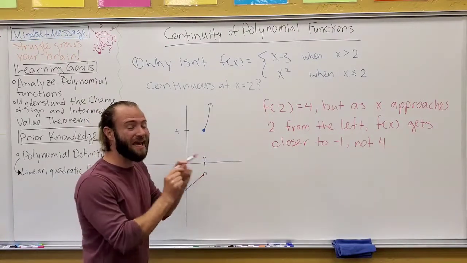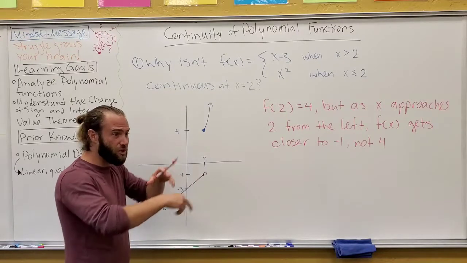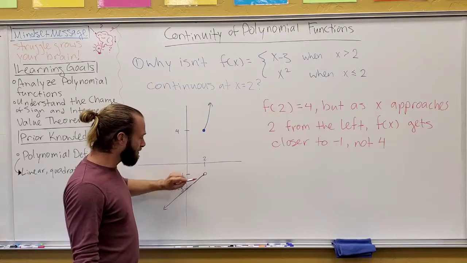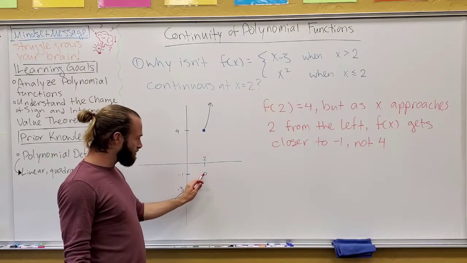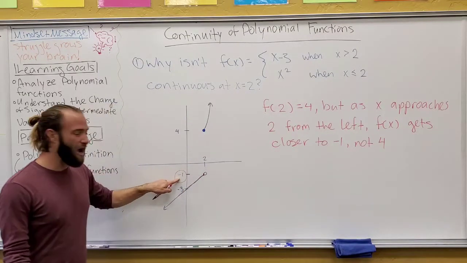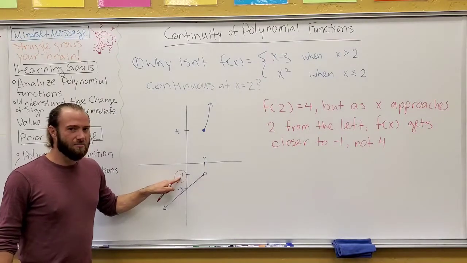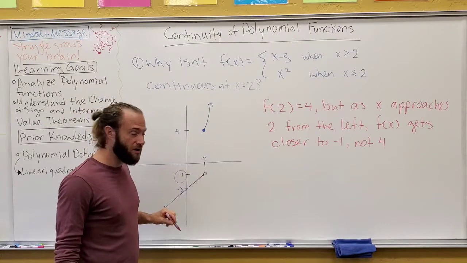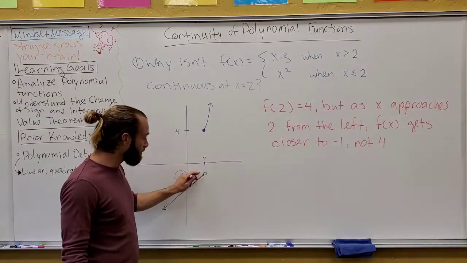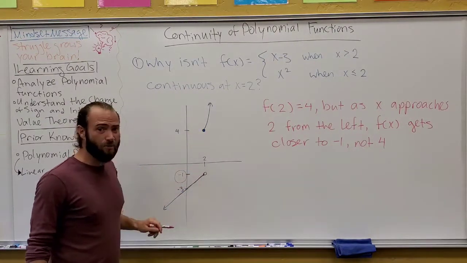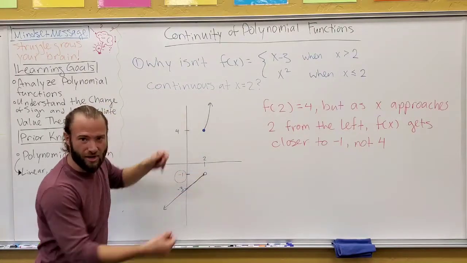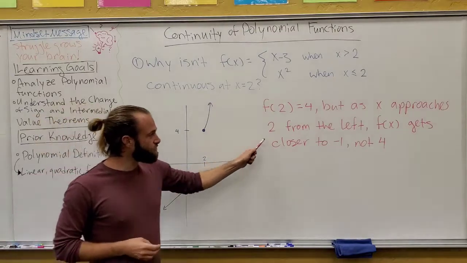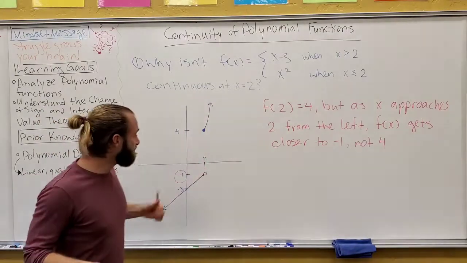Remember, we're not actually getting to 2 yet, right? So let's say 1.99999 or something like that. Well, the problem is, as we get really close over here, we get close to an output of -1. But the actual output based on what the function says is 4. So because I'm not actually approaching the real output here, it means that there's a break. It's just kind of another way of saying that, right? So we get closer to -1, not 4.